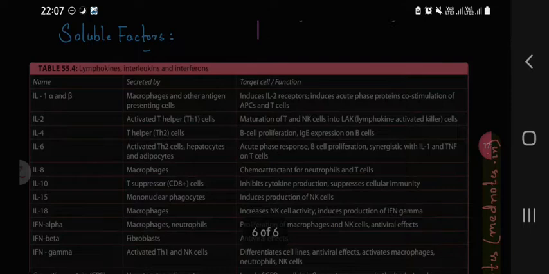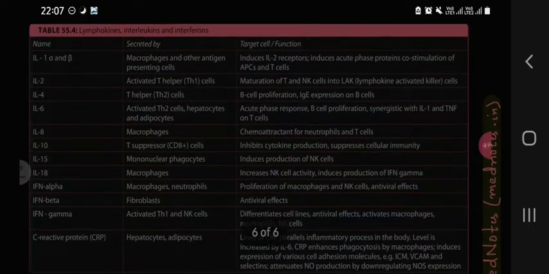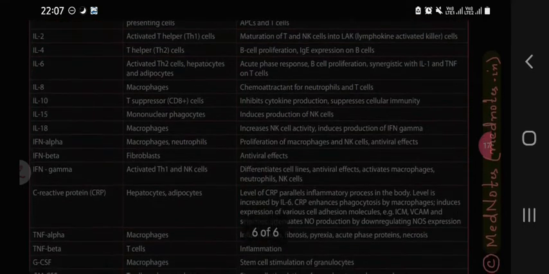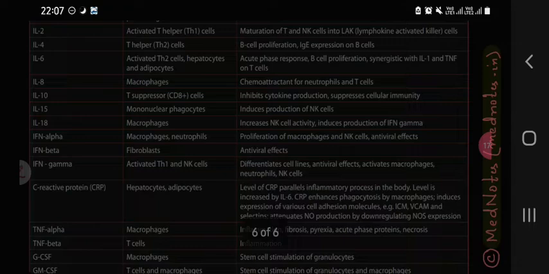Soluble factors: interleukin 1 alpha and beta, secreted by macrophages and other antigen presenting cells, induces interleukin 2 receptors, induces acute phase proteins, co-stimulation of APCs and T cells. Interleukin 2: activated T helper cells, maturation of T and natural killer cells into LAK, lymphokine activated killer cells.